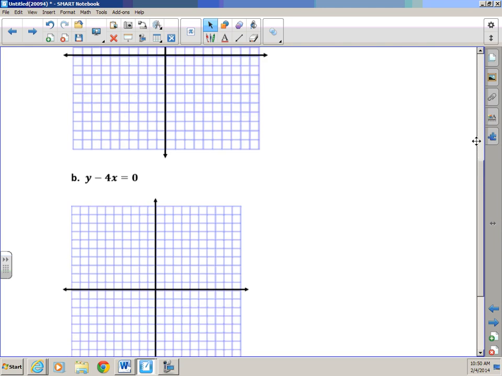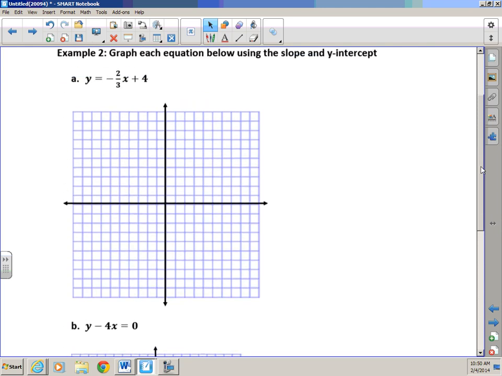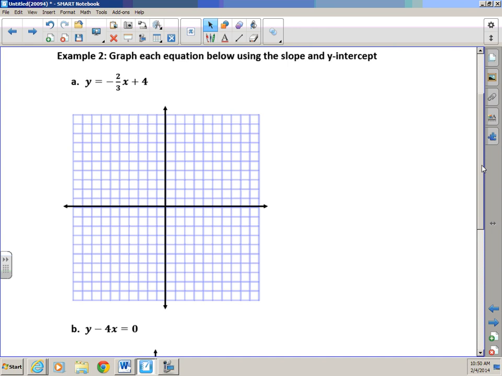Because now you're going to see how much simpler it is to graph. All right? So, in the first one, I have the equation y equals -2/3 x plus 4. What's my slope? -2 over 3. What's my y-intercept? It's 4. As we've talked about, you only need 2 points to graph a line. Well, what's the first point?